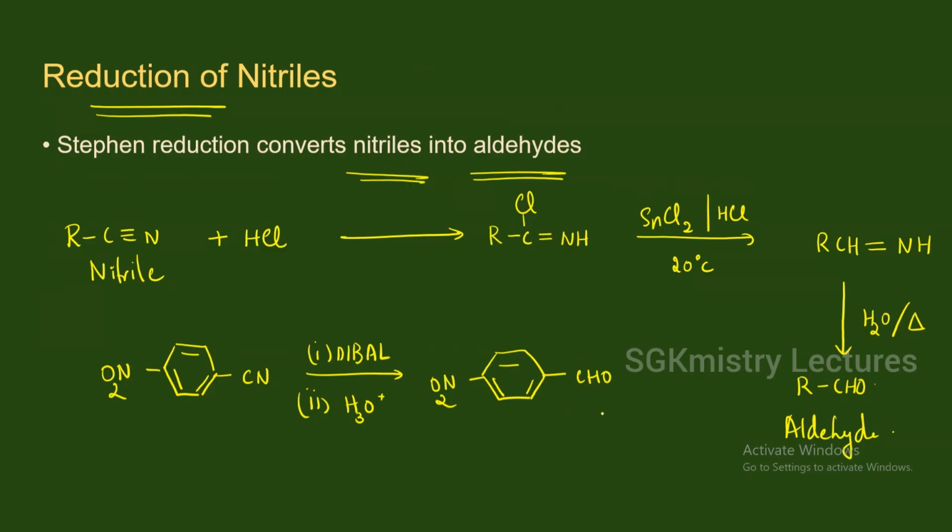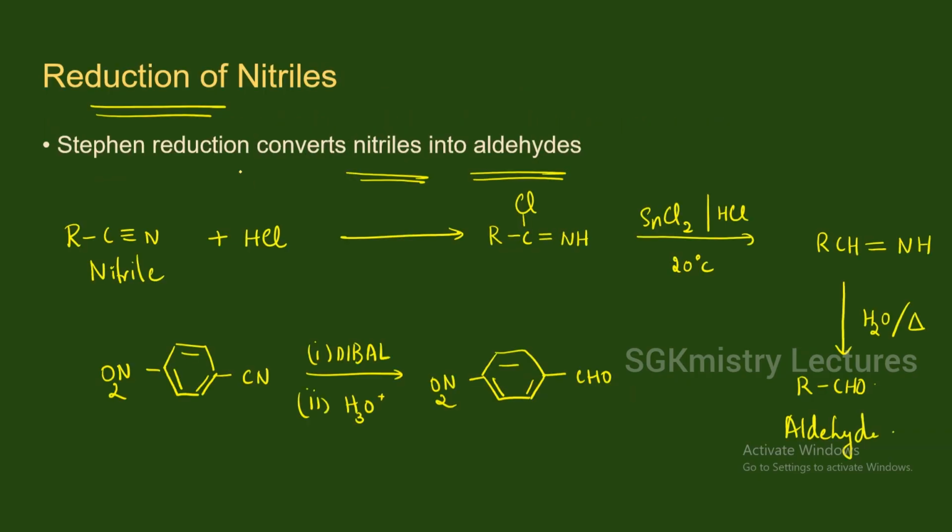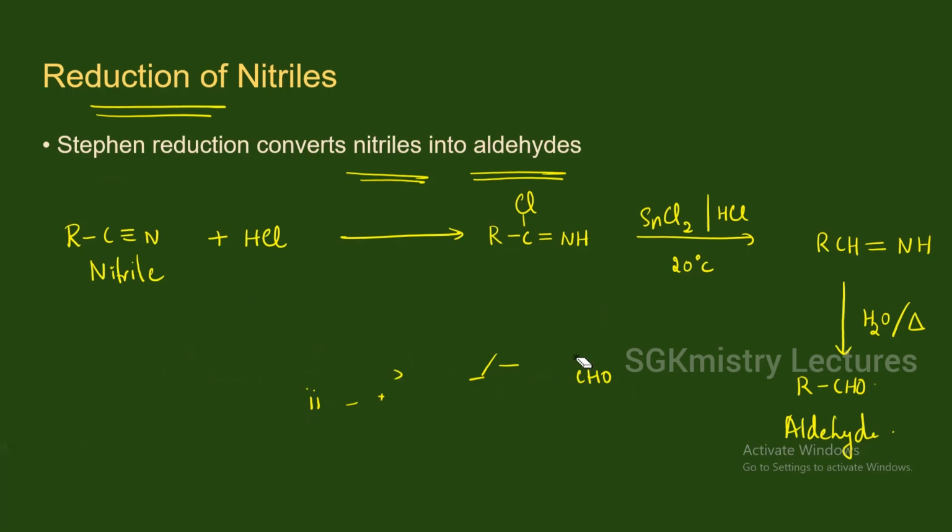First is by Stephen reduction. You can also use DIBAL for the reduction of the nitriles to the respective aldehydes. Now, the reduction of nitriles can also be done into amines. How it is done is, before that, I'll just erase this particular equation and I'll show the reactions here itself.